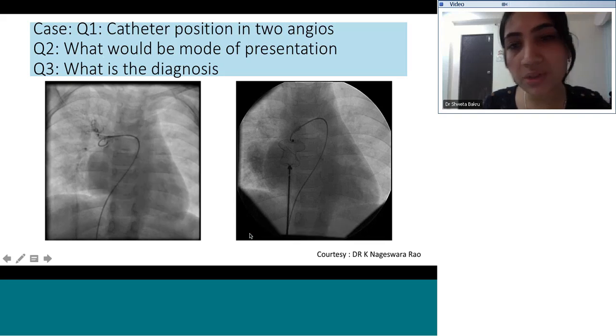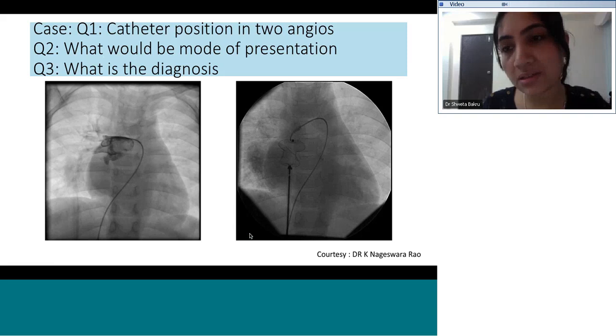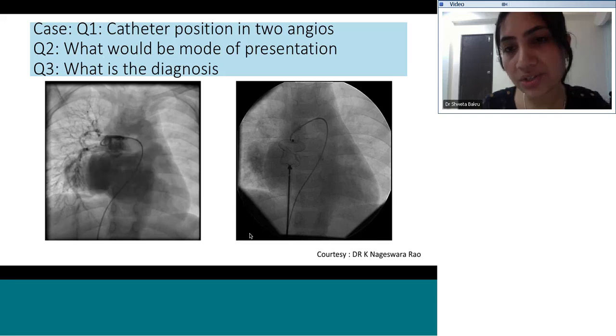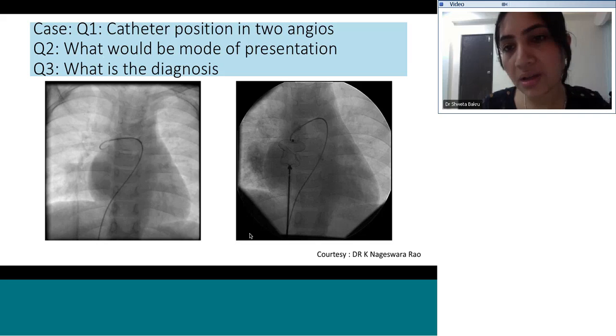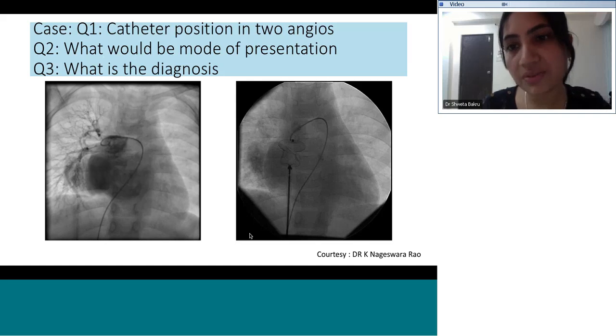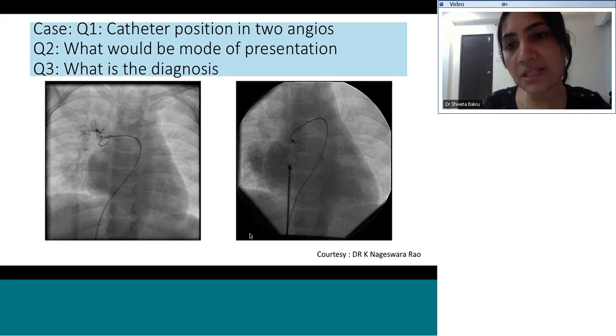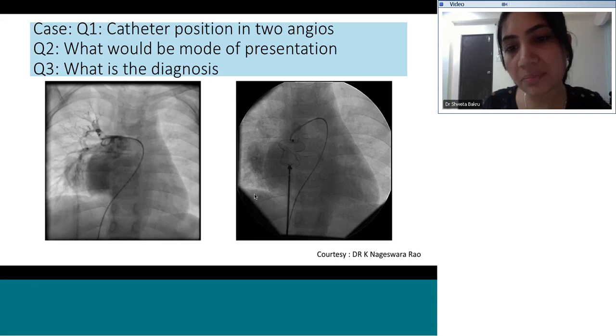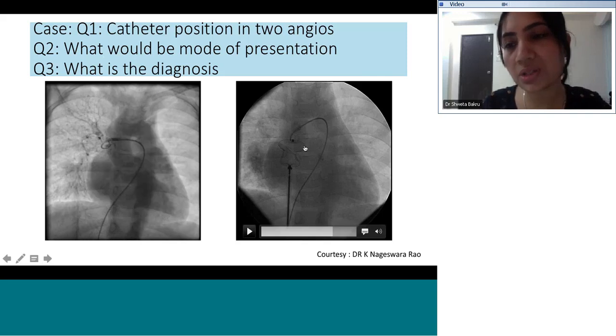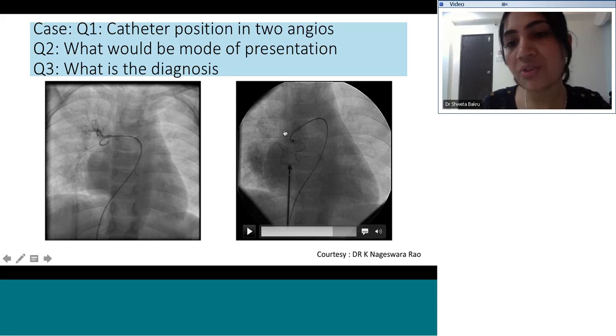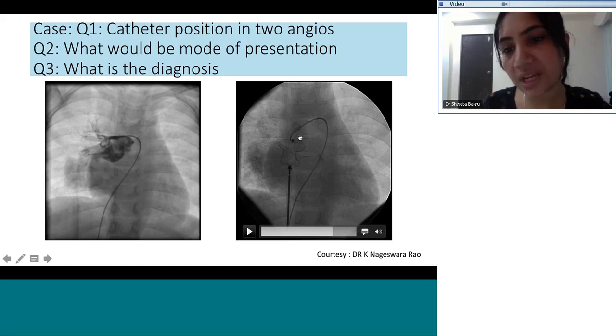So how do you think this child would have presented? Yes, cyanosis, very good. They usually present with cyanosis because there is complete mixing of deoxygenated and oxygenated blood, happening from the right pulmonary artery to the left atrium.